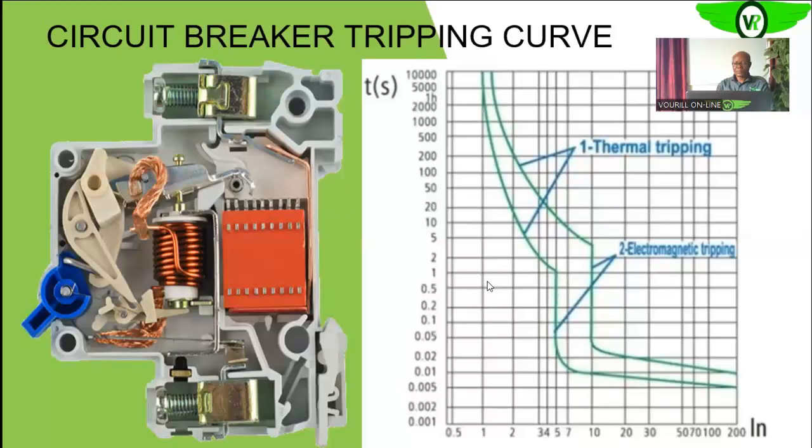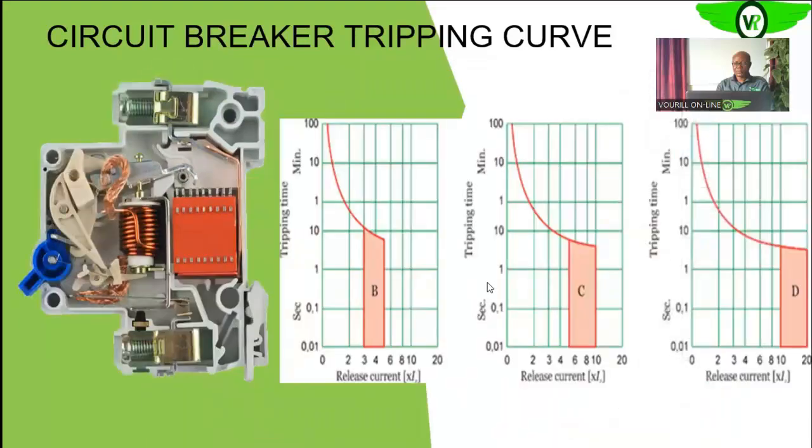So now let us look at something else that is of equal importance also. These circuit breakers, when you go to the market, you will see that they will tell you the area where they operate, or the tripping curve guiding their operations, they are always indicated. We shall see that later.